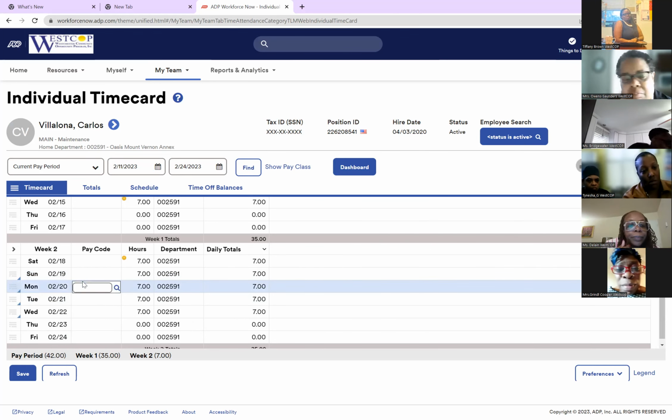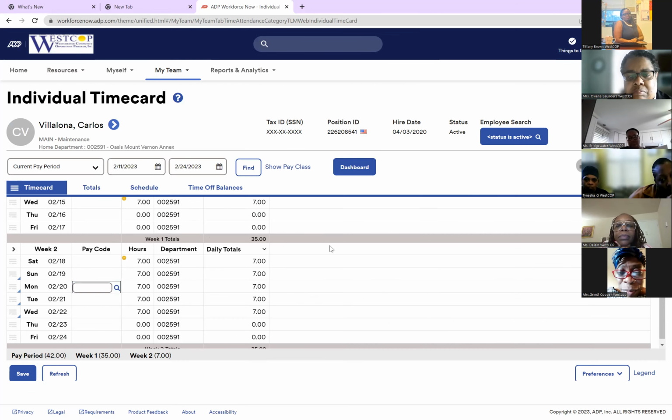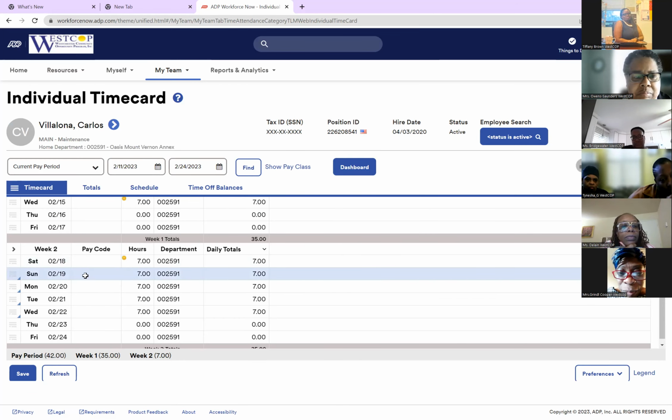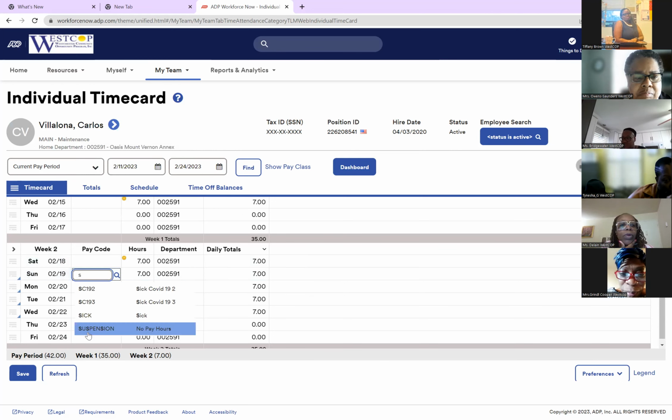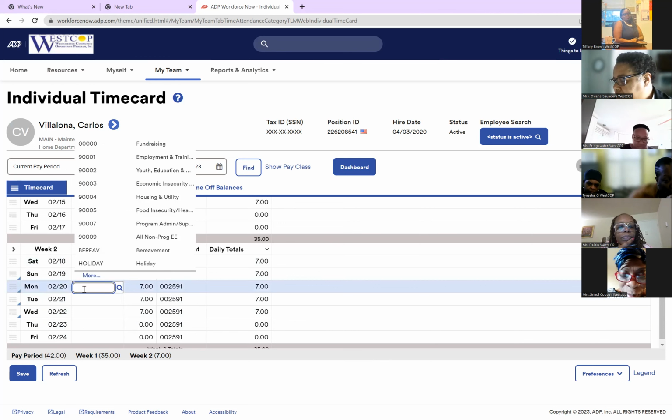You put those days in, and after you put the days in, now you're gonna write in the code. So the days have to be there, but now you write in the code. SU was suspended. Because he was suspended, you write in suspension now.